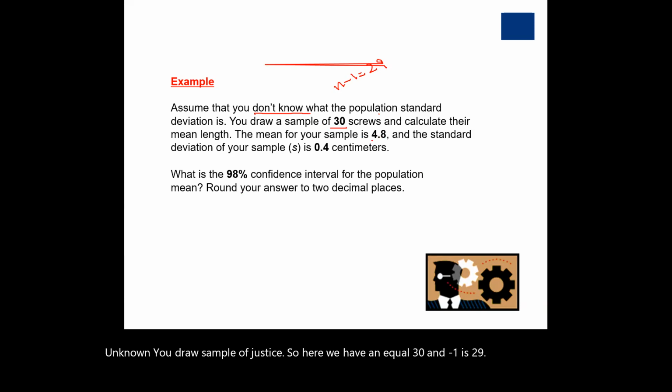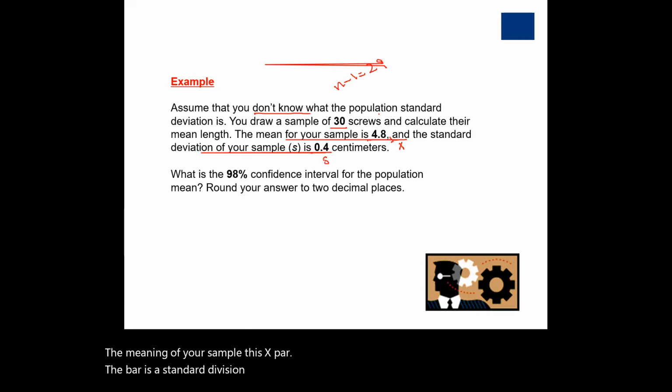The mean of your sample is X bar. The standard deviation for our sample is S equal 0.4. What is the 98% confidence interval for the population mean? Round your answer to two decimal places.